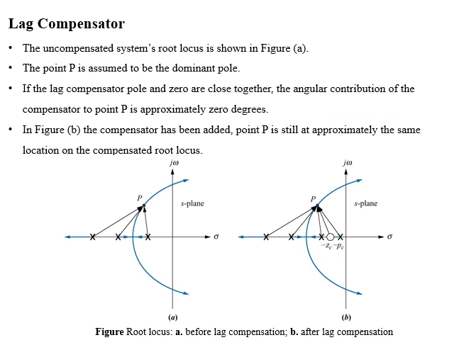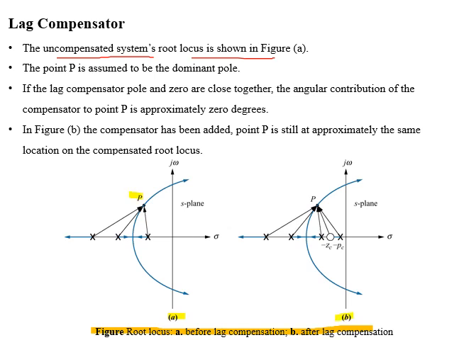Students, now we will study the root locus of both compensated and uncompensated systems. The uncompensated system root locus is shown in figure A. Now we assume a point P to be the location of the dominant pair of poles.